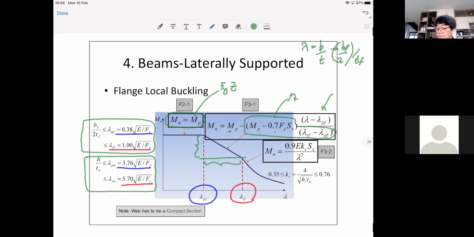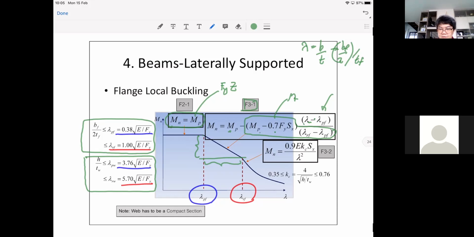But what if you miss the point and you use this formula instead, F3-1 equation? The term in the parentheses becomes negative because lambda is less than lambda pf. When this term becomes negative, and negative, it becomes positive. So you would have nominal moment greater than Mp. If I see that, I will be very, very upset by your lack of sense of engineers.